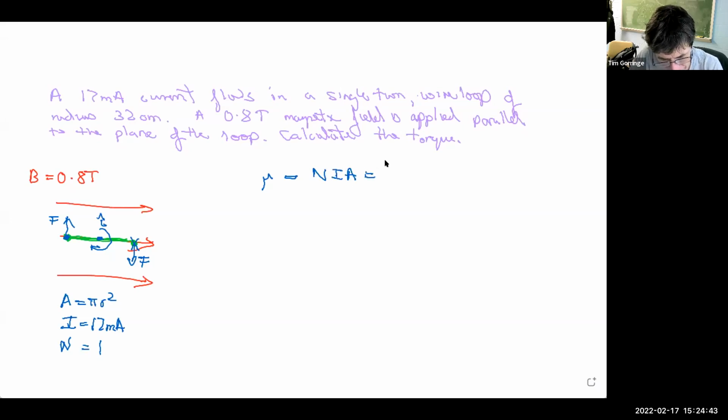Uppercase N is the number of turns. That's just one here. Uppercase I, that's the current in the loop. It's 17 times 10 to the minus 3 amps. And A is the area of the loop. It's pi times the square of the radius, and the radius was 0.32 meters.